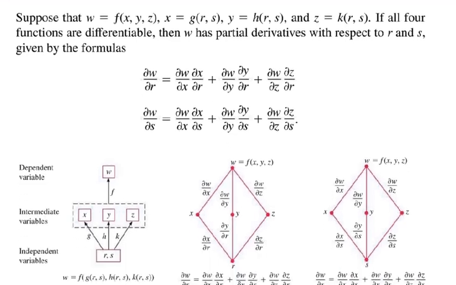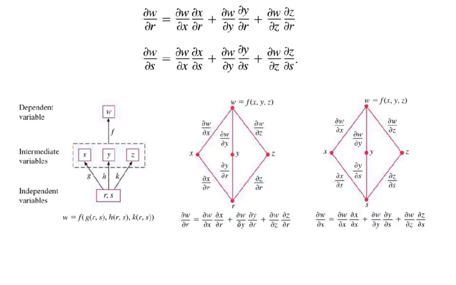And in an effort to help us think about how this function is defined, I've brought in these pictures. This first piece represents how that composite function is made. We've got these two independent variables, r and s, and they each belong to g, h, and k, creating these three intermediate variables. So I've got x in terms of r and s, which we call g, y in terms of r and s, which we call h, and z in terms of r and s, which we call k.